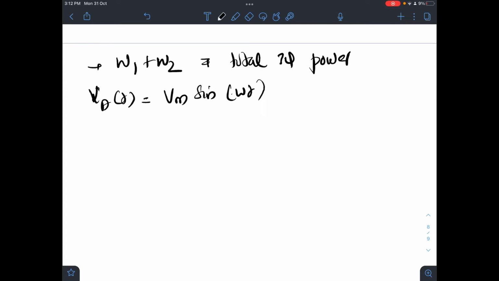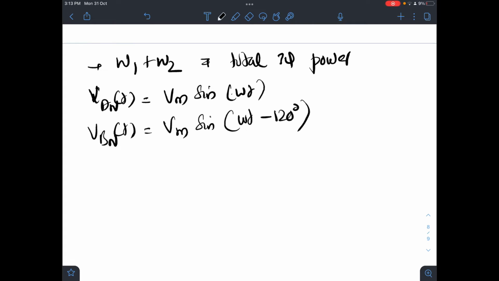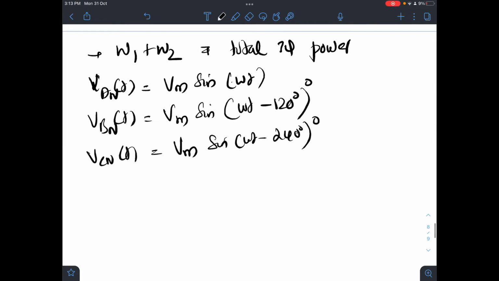The voltage in the B phase, B to neutral, is Vm sine of omega t minus 120 degrees. And Vcn of t, the phase voltage, is Vm sine omega t minus 240 degrees. This is something that you are aware of. So these are the voltages.